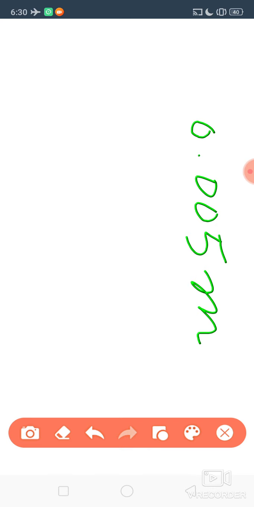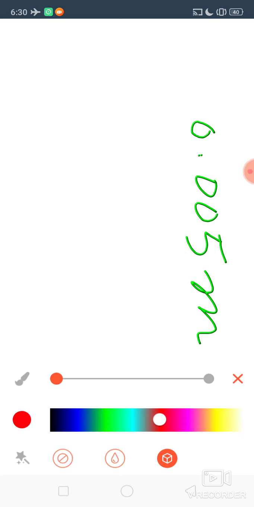Before coming to that, let's do one simple example. Suppose I ask you to express 0.005 meter in standard form. First of all, we have to remove this decimal.